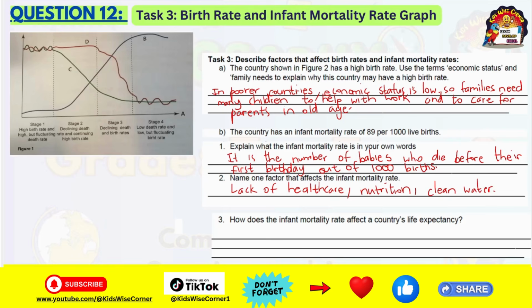These all can affect infant mortality rates. How does the infant mortality rate affect a country's life expectancy? It can lower life expectancy, because more children die young.